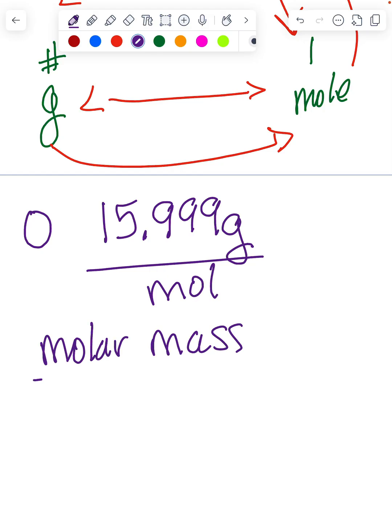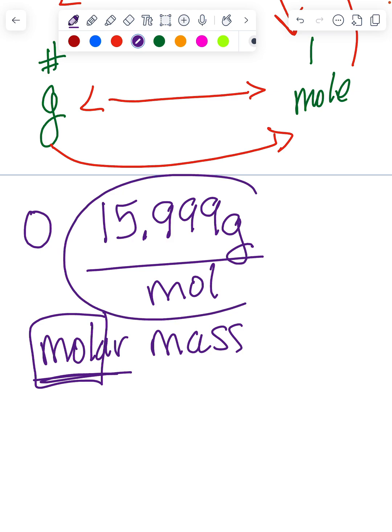Now, molar is not referring to your teeth. It is referring to having 1 mole. So anytime you look at any mass on the periodic table, you are assuming that you have a mole of that substance. So technically, the label is grams per mole. And a lot of times we just write grams, we get lazy, but this is a great conversion tool for later on.